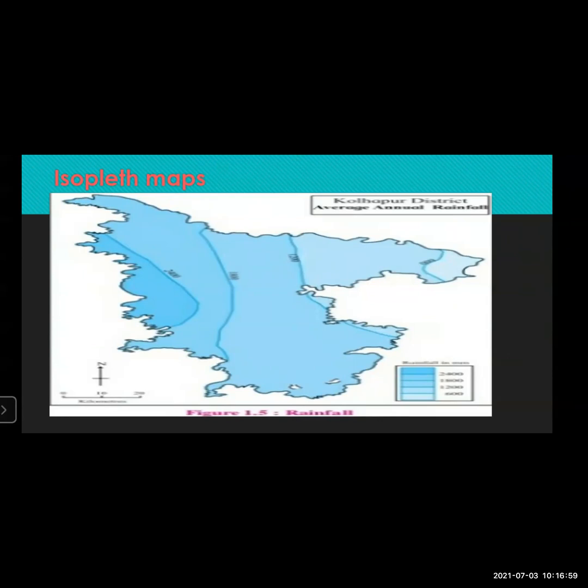Then the chloropath method, that is the color tint pattern or black and white, is used to show the unemployment rate, employment rate, vegetation and so on. Then the third which we have seen today is the isoplath method. Here the isolines are used to show the data on the map, mostly the type of annual temperature, rainfall. So now we have covered all the three methods.